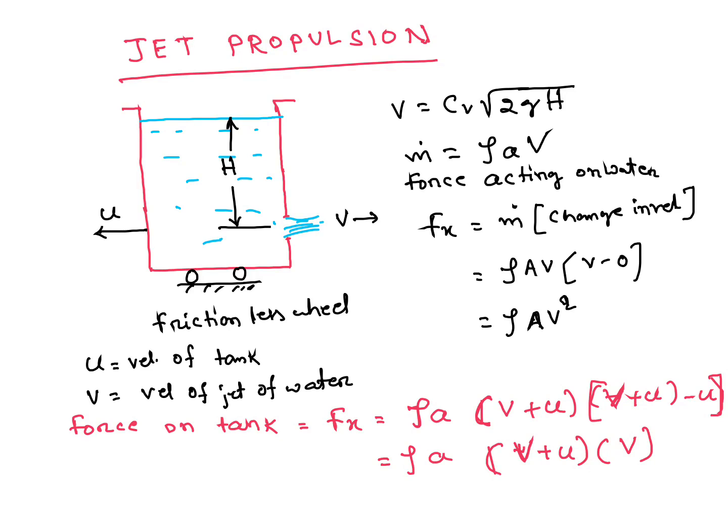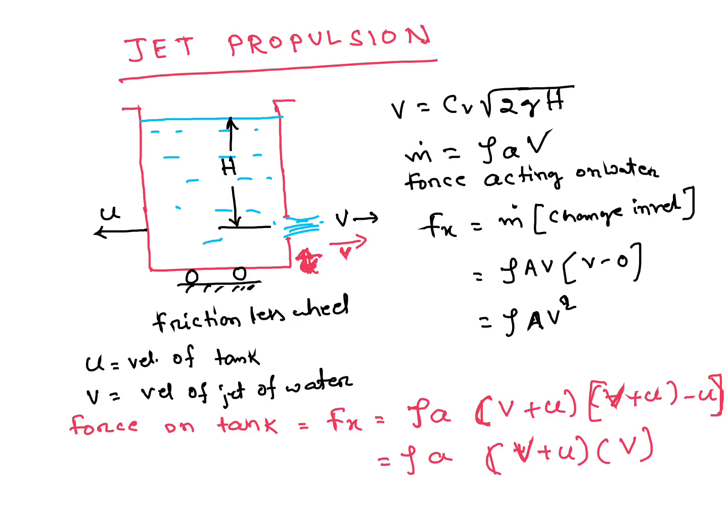And for the force on the tank, here we have to calculate relative velocity. The force on the water is in this direction, and the reaction force is in this direction. So the force on the tank Fx equals rho a into (V plus u); the reaction is in this direction, so V plus u they will add.